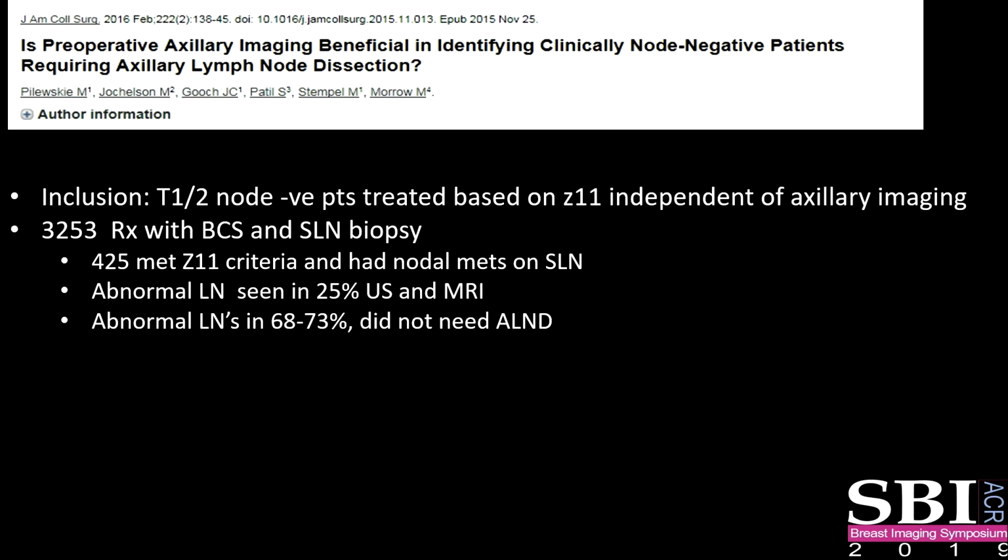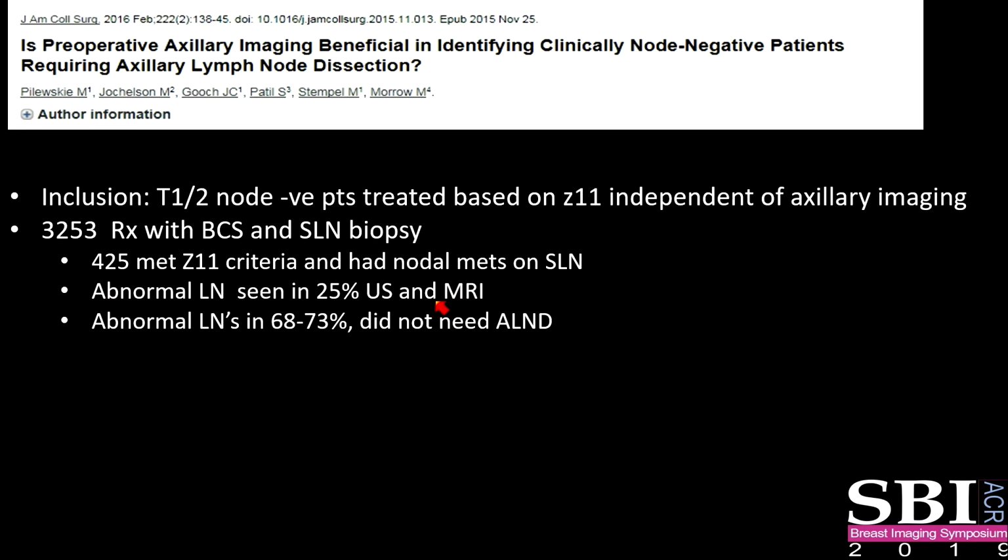They included T1 and T2 node-negative patients, but they treated all patients based on the Z11 criteria, independent of the axillary imaging findings. A much larger study, about 3,200 patients were included, and of those, 425 met the Z11 criteria and had nodal metastases on sentinel lymph node biopsy.